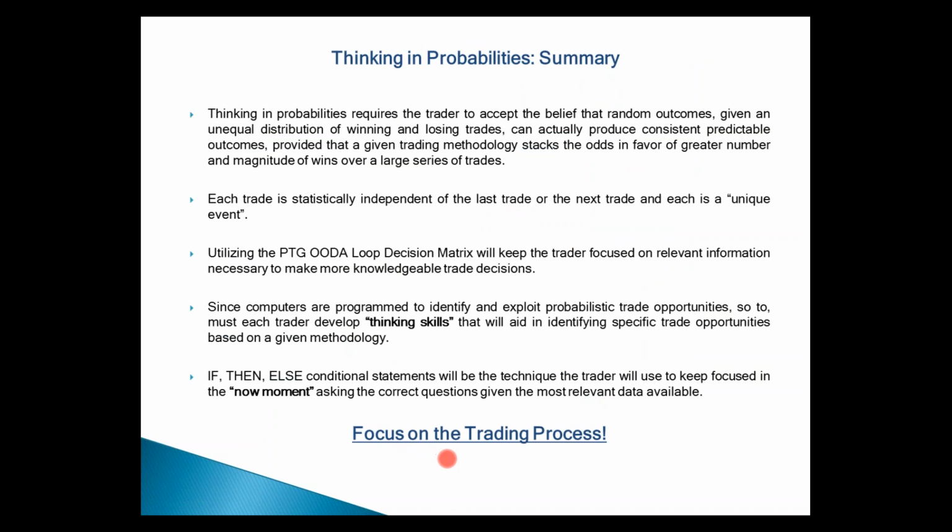All right. Now, just to summarize here, thinking in probabilities requires the trader simply to accept a new belief that random outcomes, given an unequal distribution of wins and losses, can actually produce consistent, predictable outcomes.